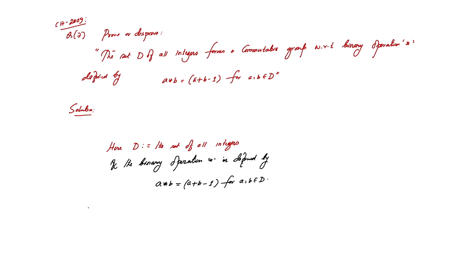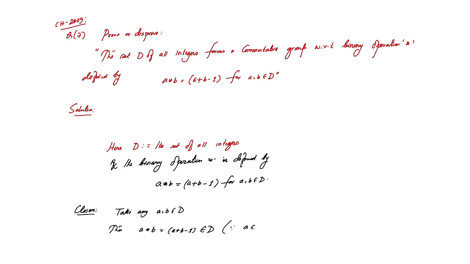First we'll check whether the closure property holds or not. Take any two elements A, B belonging to D. Then A star B will be A plus B minus 1, and this must belong to D. Why?